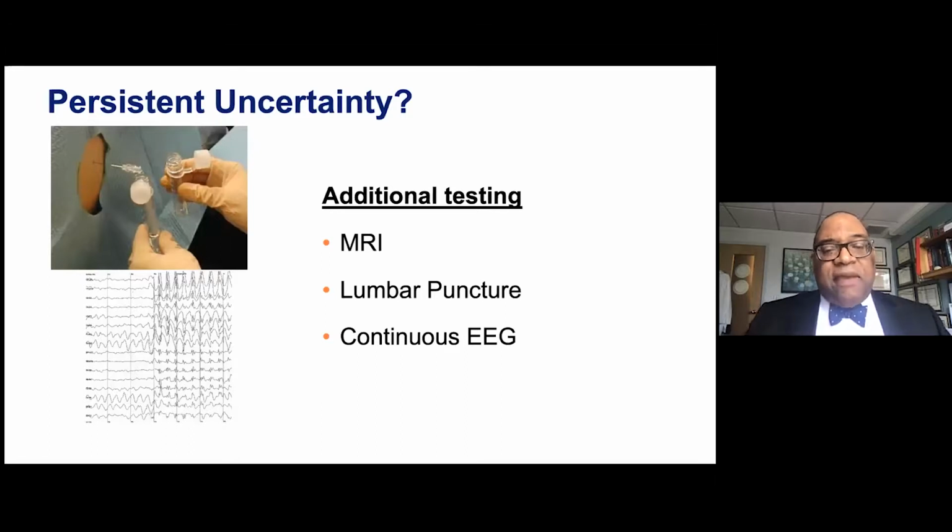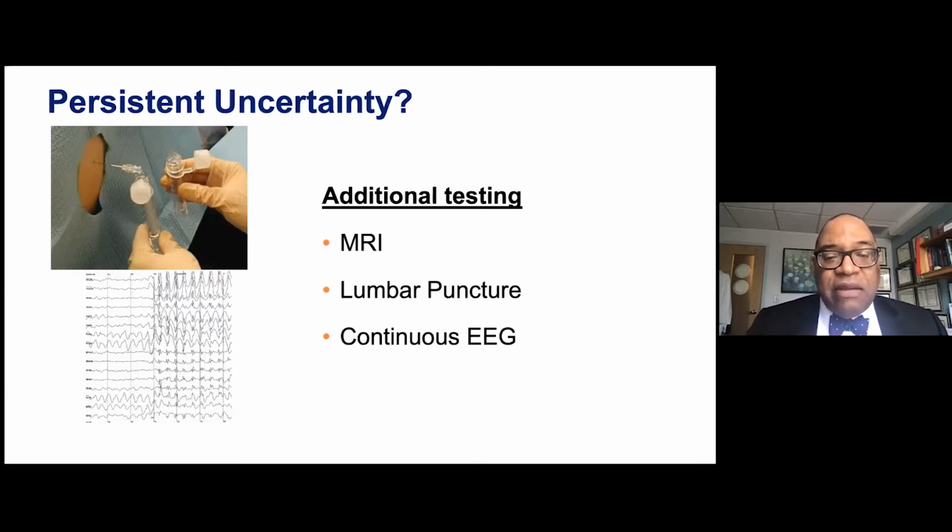But for many of those patients where the CAT scan is completely normal, we're waiting for the labs to come back. There's nothing on the labs. The CAT scan or CT angiogram also is completely normal. We will need additional evaluation.